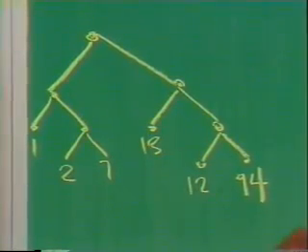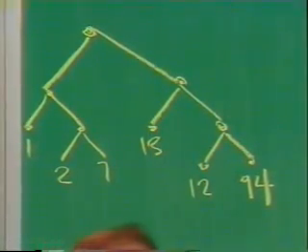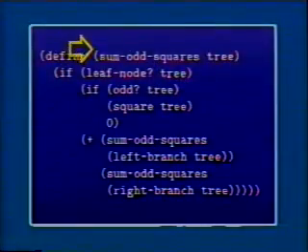Let's actually look at that on the slide. We say to sum the odd squares in a tree, well, there's a test. Either it's a leaf node, we check to see if it's an integer, and then either it's odd, in which case we take the square, or else it's 0, and then the sum of the whole thing is the sum coming from the left branch and the right branch.